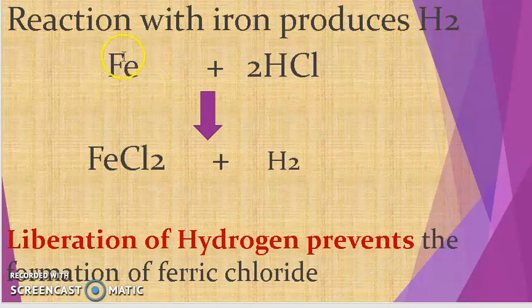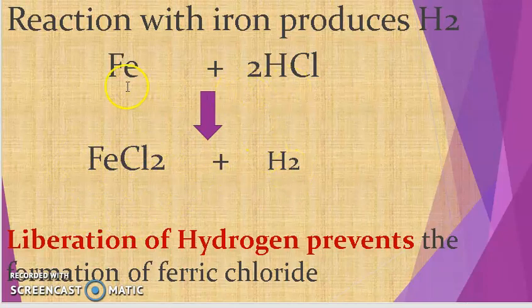Here I have taken finely powdered iron plus 2 moles of HCl. They react together and give a compound of what? Is it giving ferric chloride? No, it won't give ferric chloride. It forms ferrous chloride, FeCl2. This is the ferrous chloride, not ferric chloride.